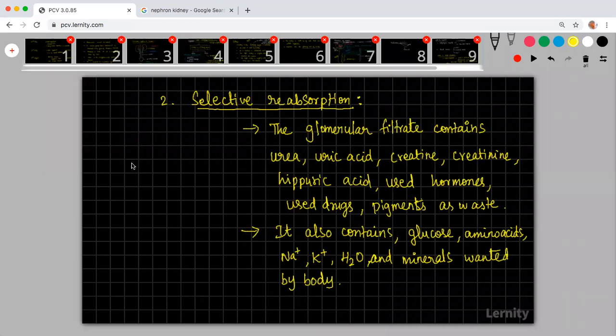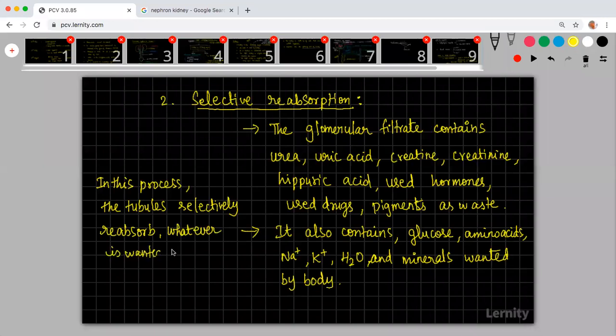Okay, so in this process, the tubules selectively reabsorb whatever is wanted by the body.